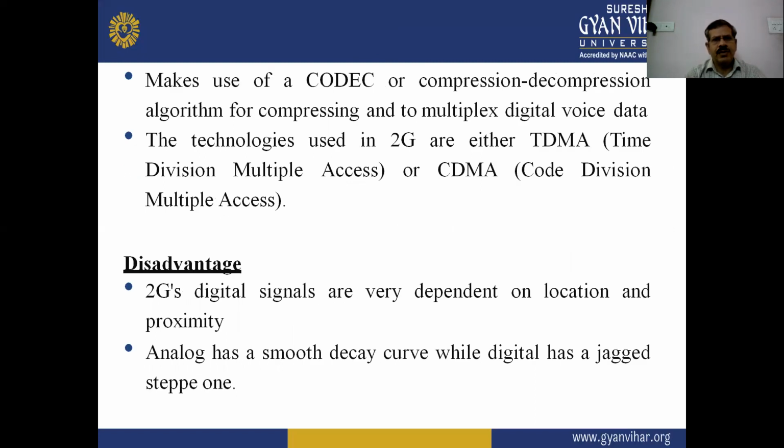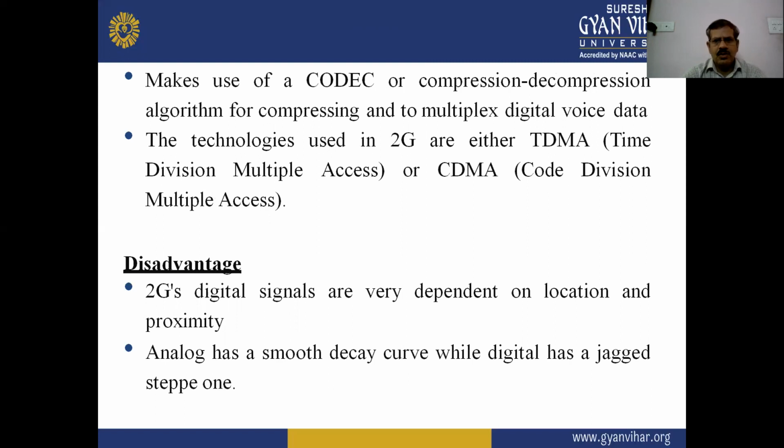It makes use of a codec, or compression decompression algorithm, for compressing and multiplexing digital voice data. The technologies used in 2G are either TDMA, time division multiple access, or CDMA, code division multiple access.